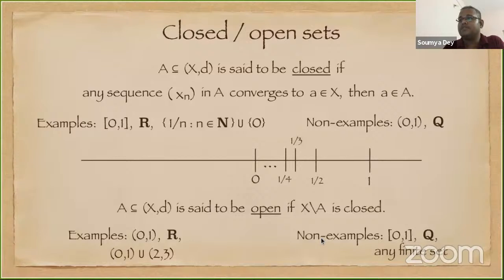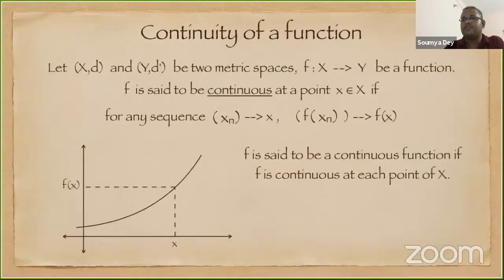What are non-examples? Again, you can take these, right? So the closed interval 0, 1 would not be open. Q is again not open. Okay, you can check. Any finite non-empty set would not be open. Great. So, right, let's move on.